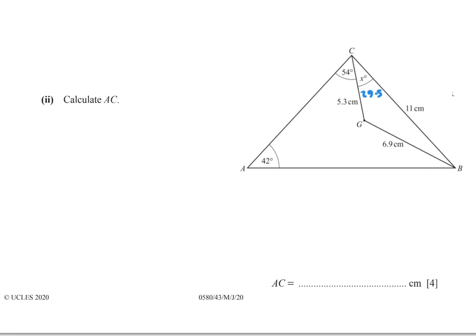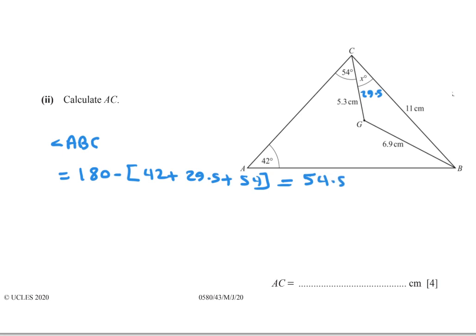To find angle ABC, 180 minus 42 plus 29.5 plus 54, because this angle is 54 plus 29.5. Now we can find the third angle ABC, which equals 54.5. So this angle is 54.5.